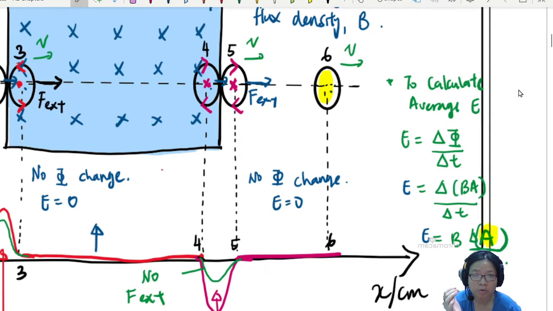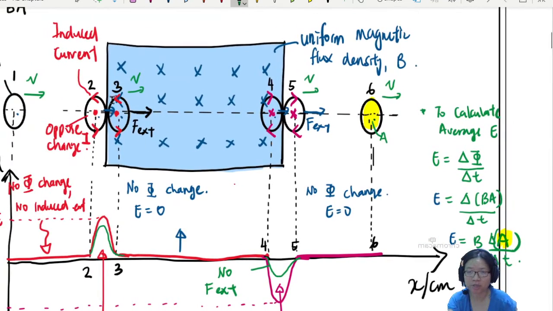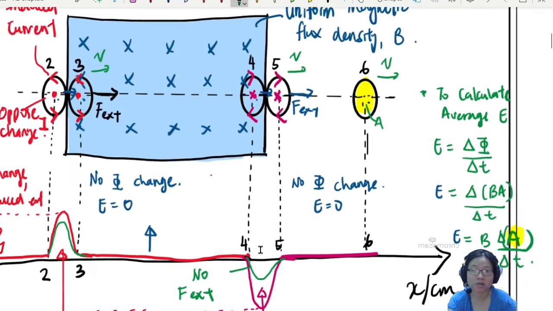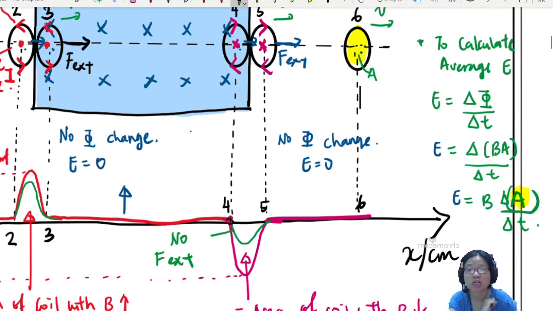This is your A. How quickly the area changes will depend on how fast the coil is moving. If the coil is not moving at constant speed because there's no external force, kinetic energy is lost to electrical energy, so the coil will slow down, causing the EMF to drop because it is changing less.